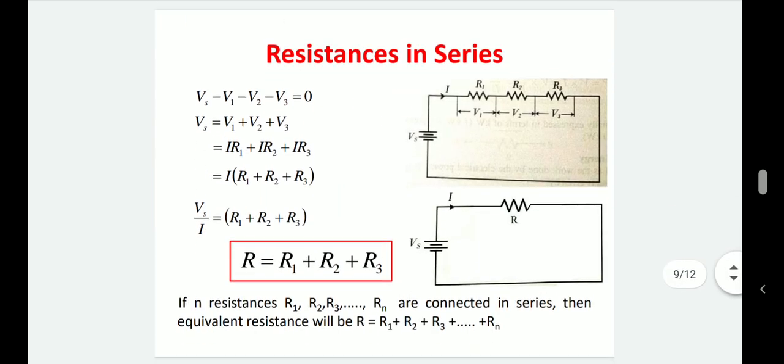Then next is how we can find the total resistance or equivalent resistance of a series combination. This is the proof for finding the total resistance of a series combination. If we apply KVL here, we know that the algebraic sum of voltages around a closed path is 0.